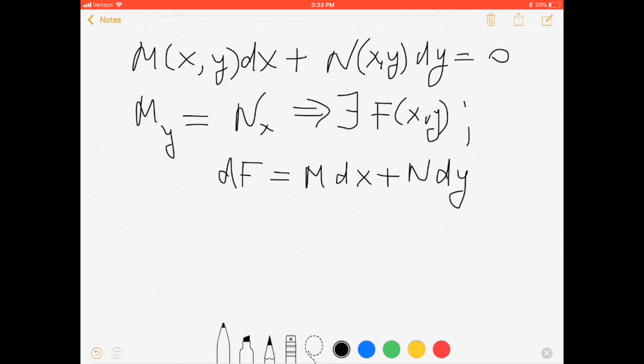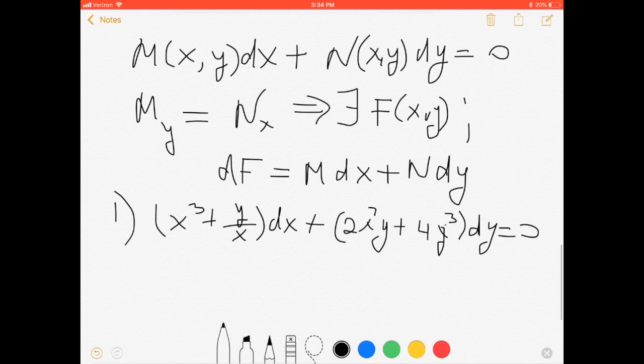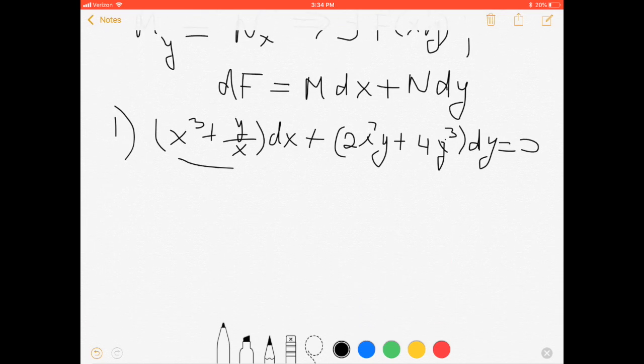Okay, first, let's go, we have some example. x cubed plus y over x dx plus 2x squared y minus 4y cubed dy equals 0. Here we're checking whether this is an exact equation or not. This part will be M, this part will be N. Try to find the derivative of M with respect to y.